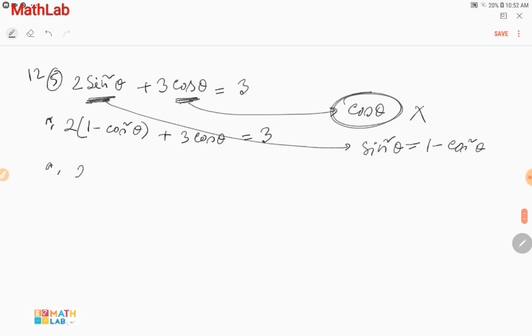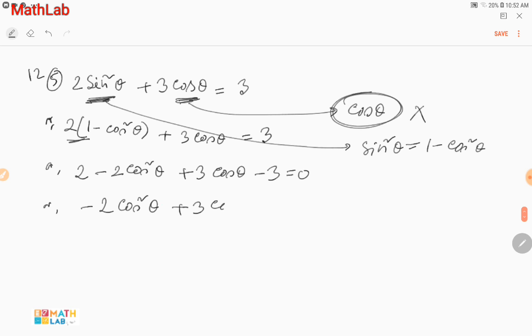So we multiply by 2, remove the bracket: 2 ones are 2, minus 2 cos square theta plus 3 cos theta minus 3 equals 0. Now rearrange this equation: minus 2 cos square theta plus 3 cos theta, 2 minus 3 that will be minus 1, equals 0. Multiply by minus 1, then we will get 2 cos square theta minus 3 cos theta plus 1 equals 0.